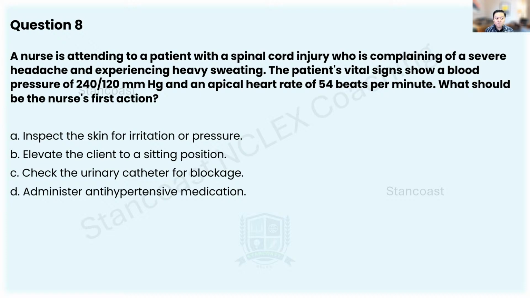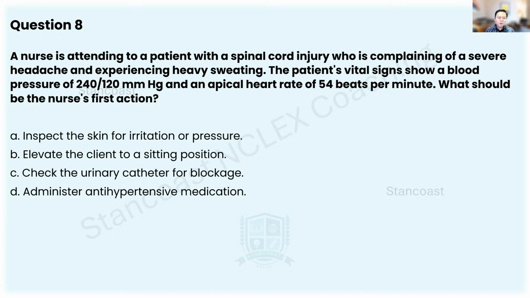I know these are all important nursing interventions, but what would be that first step? Okay? What would be that first step that can relieve or at least temporarily treat the patient while you're going to get back to the medication room and get that antihypertensive medication?